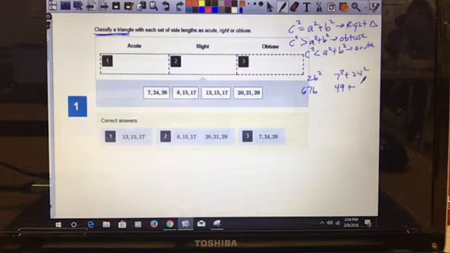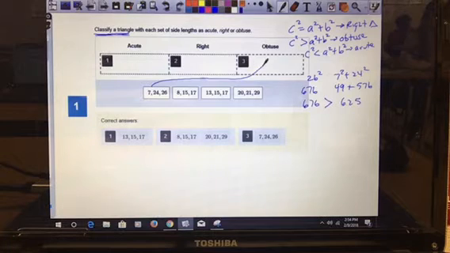When you add 576 to 49, you get 625. So 676 is greater than 625, so this first triangle would be obtuse.